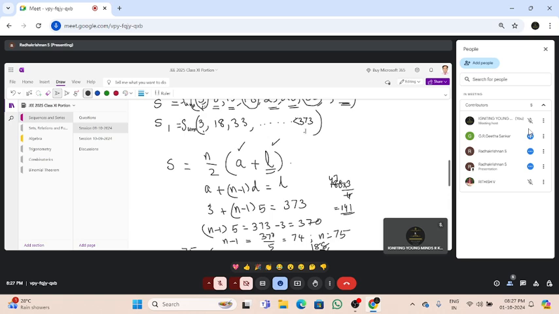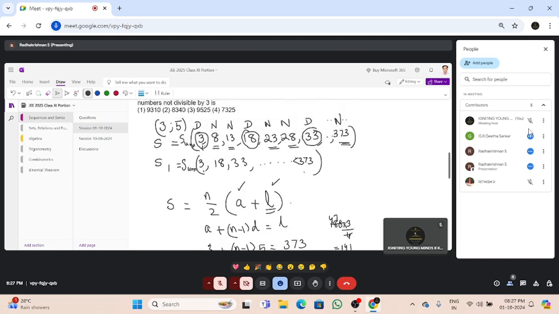In the given first series, 3, 8, 13, 18 and so on, 3 plus 5 is 8, 8 plus 5 is 13. So in the first series the previous term will be 368, and before that 363. 373 is not divisible; 368 is also not divisible; before that 363, which is divisible by 3.